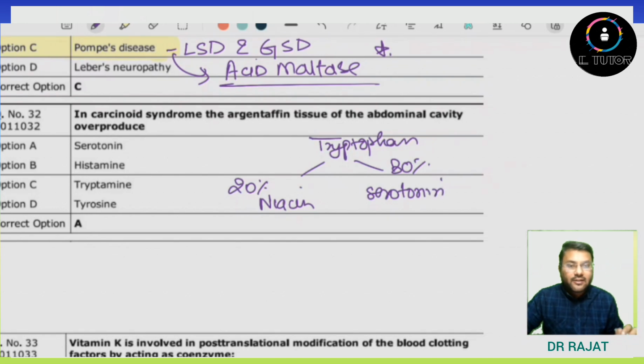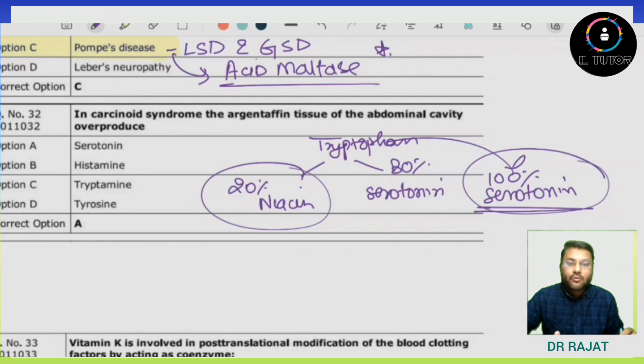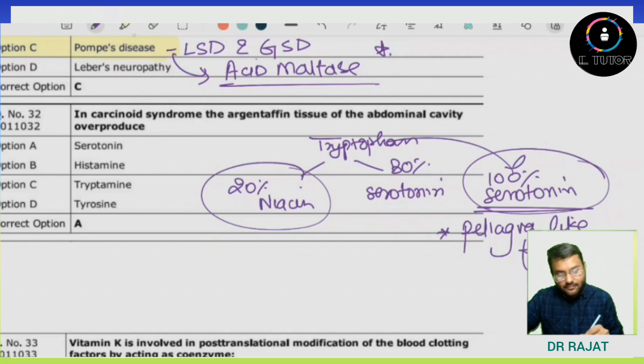Now in carcinoid syndrome, this 20% niacin is not formed and 100% serotonin is formed, due to which niacin deficiency occurs. So pellagra-like features will be present. The answer here will be option A, serotonin. In carcinoid syndrome, serotonin is overproduced.